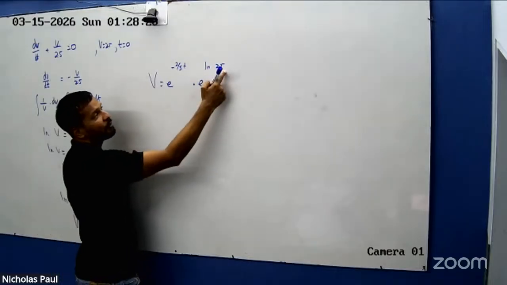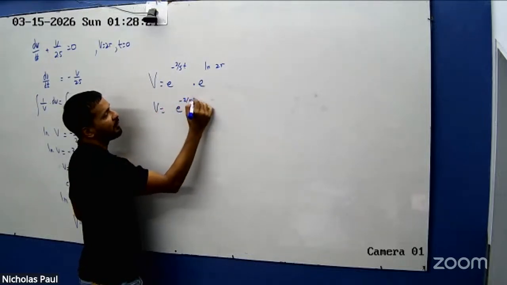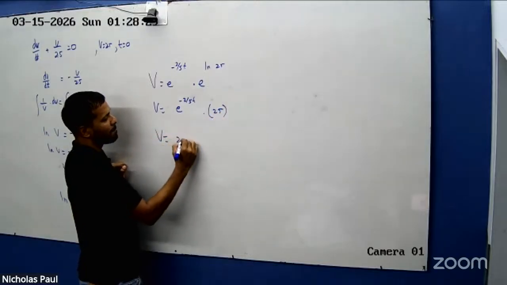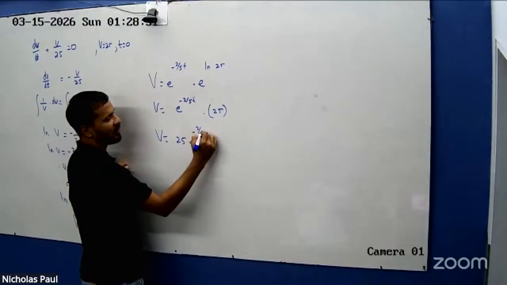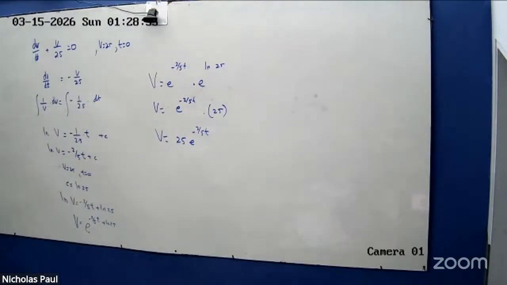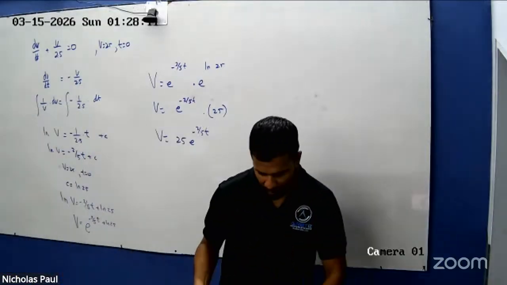What's e ln 25? e ln 25 is simply 25. So I can bring the 25 here, and my equation actually looks like this. Much nicer, right? 25 e to the minus 2/5. Copy it down, let's go again.